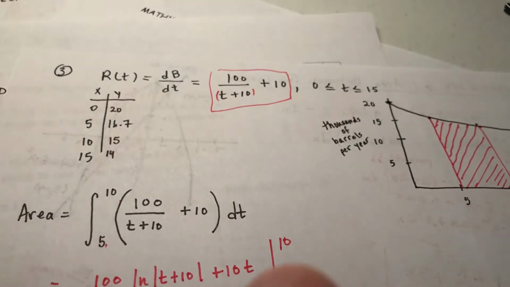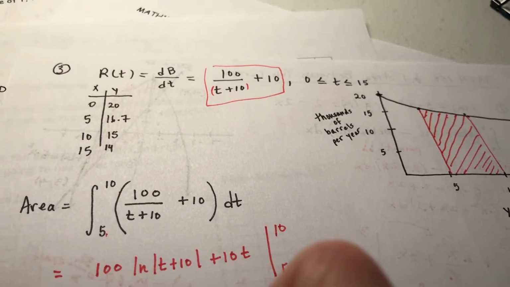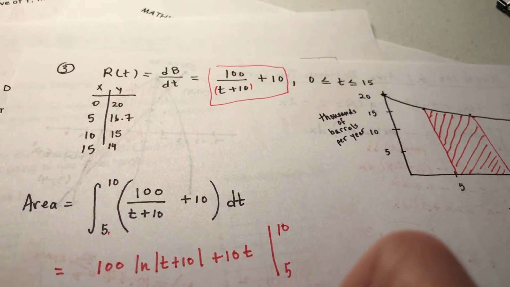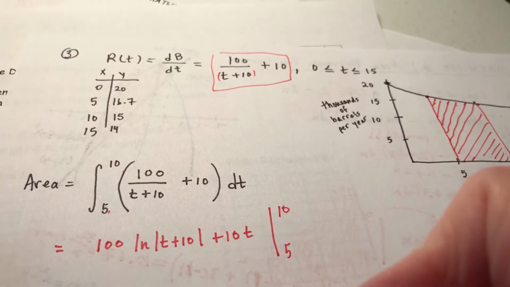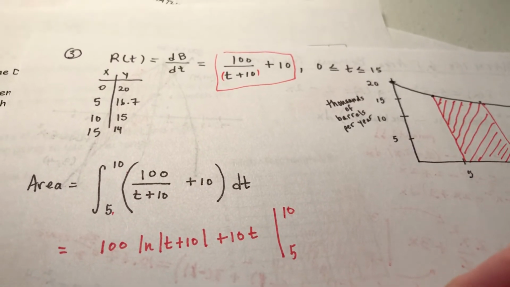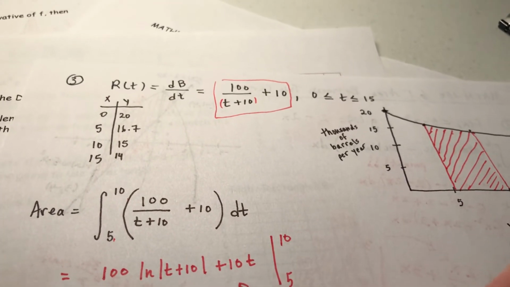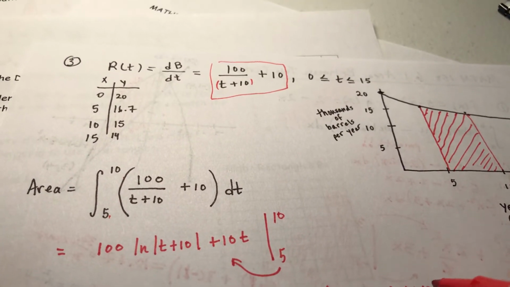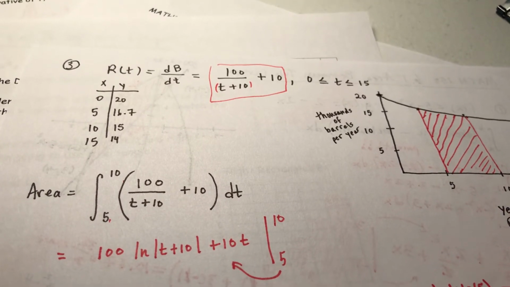So if I plug in 10, I get 100 ln of the absolute value of 10 plus 10, plus 10 times 10, minus, now I'm going to plug 5 into that, so that's going to be minus in parentheses 100 ln of absolute value of 5 plus 10 plus 10 times 5.